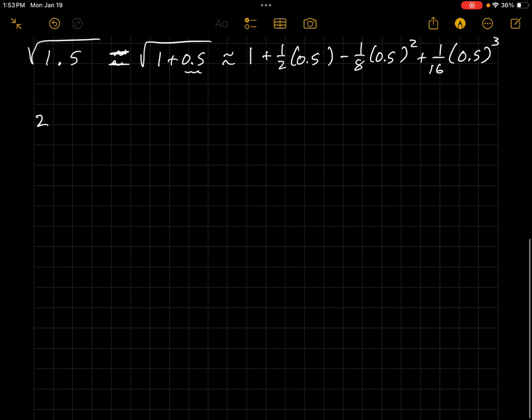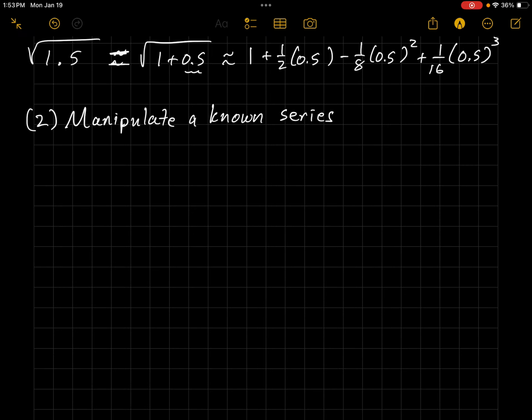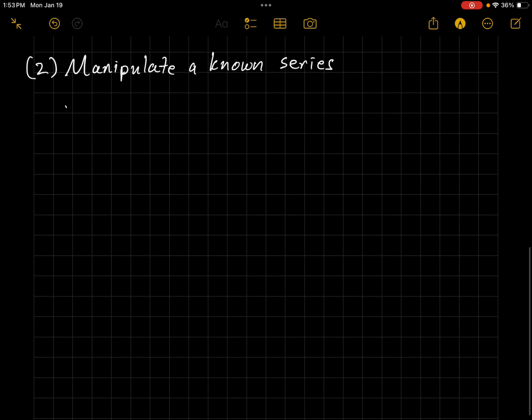The second type is where we manipulate a known series. For example, I know that the sine of x is given by x minus x cubed over 3 factorial plus x to the 5th over 5 factorial.